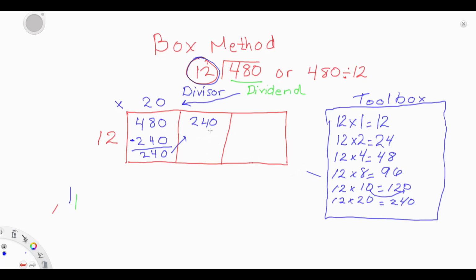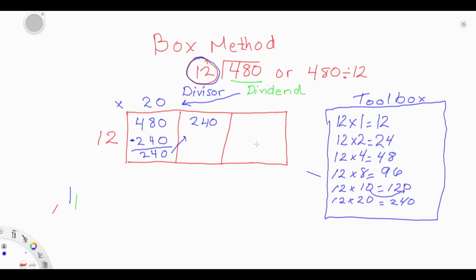Now, back to the square. I could subtract 240, and that will leave me with an answer of 0 and be done with the problem. But again, I'm not going to make it as easy on myself.